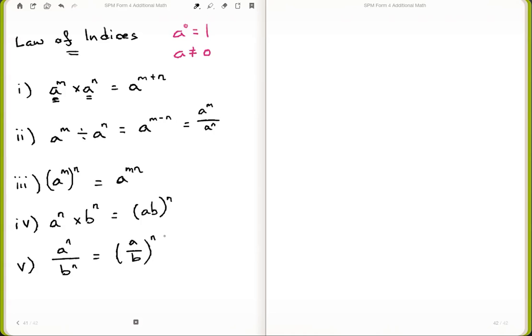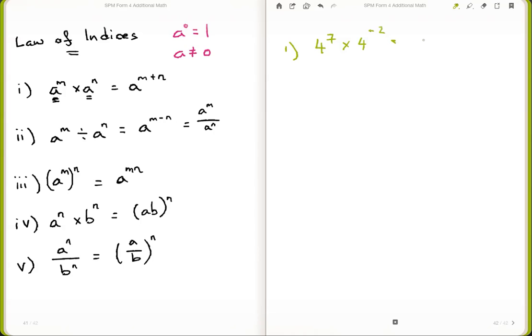Now I'll give you an example in the next page here. First example, question 1, 4 power 7 times 4 power negative 2.